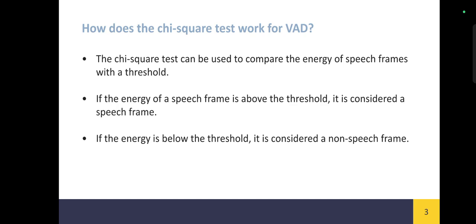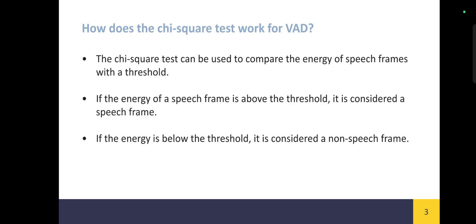If the energy of a speech frame is above the threshold, it is considered a speech frame. If the energy is below the threshold, it is considered a non-speech frame.